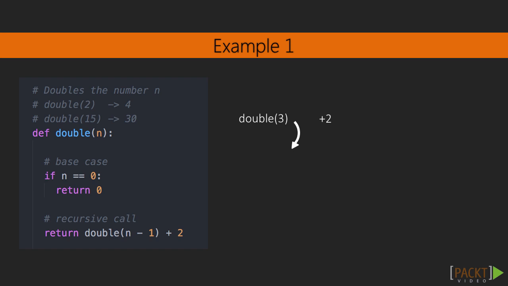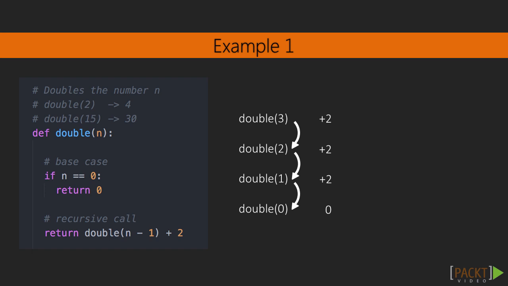So we are now calling double of 2, and double of 2 does the same thing because n is not 0, so it adds plus 2. Then double of 1 is not 0, so we add plus 2.